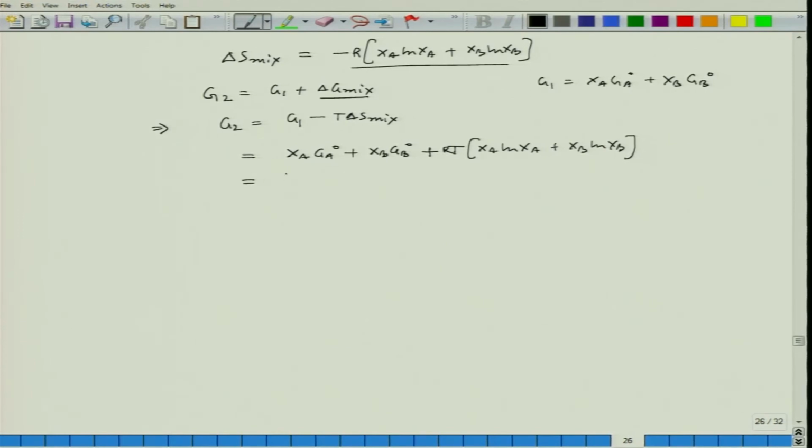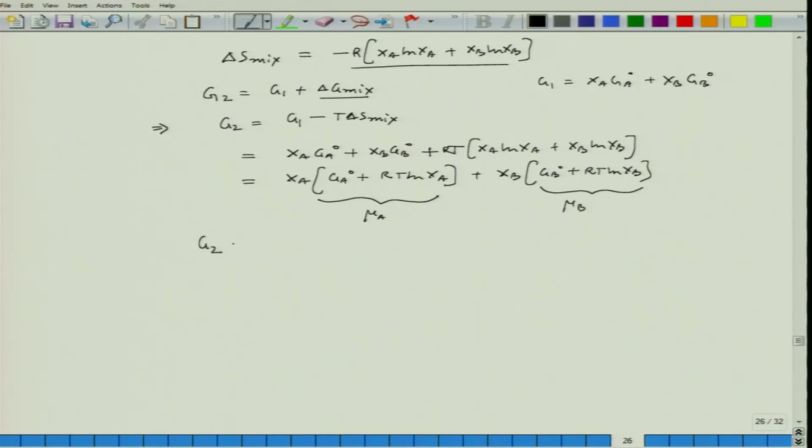So, I just do little adjustment, x a, this one is nothing but chemical potential of A in that solution, and this one is nothing but chemical potential of B in that solution, that means in that solid solution of A and B. So, I can further write it as mu B.